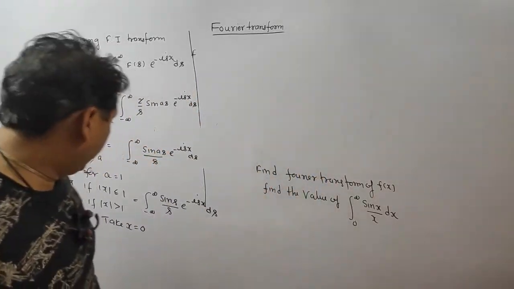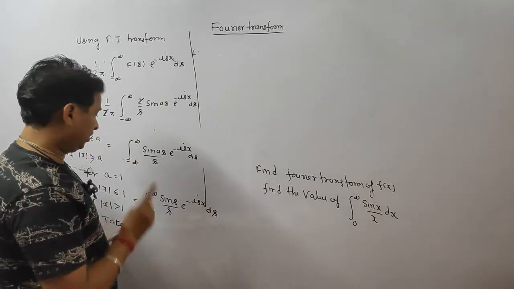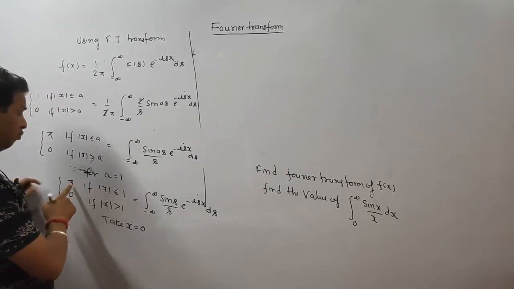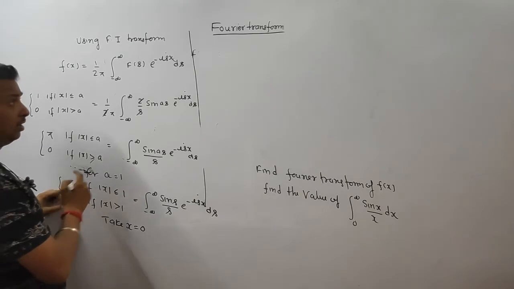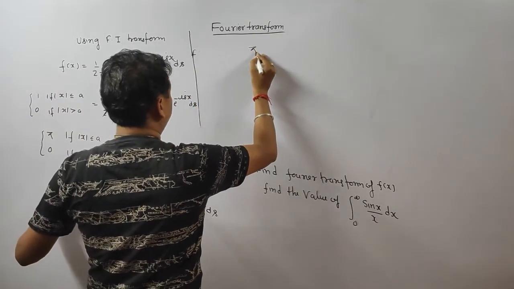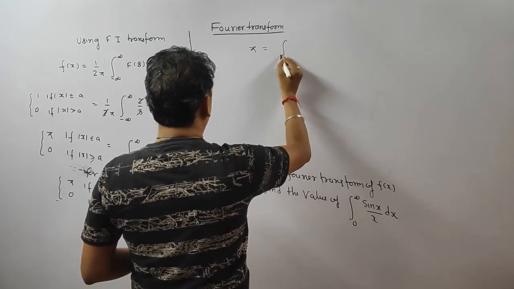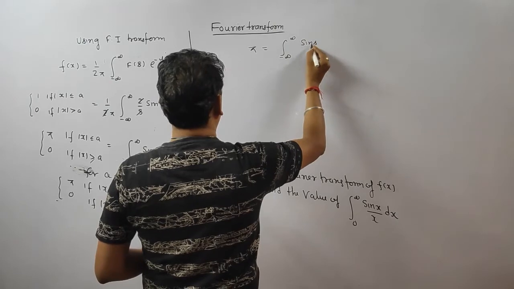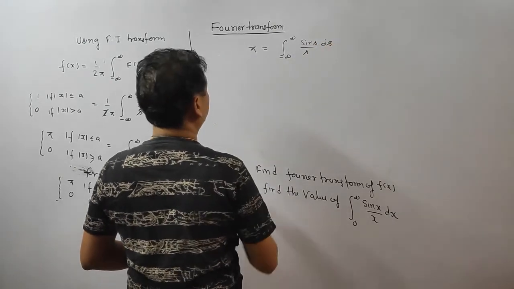If we choose x value 0, then definitely this exponential term becomes 1. And x equal to 0 lies within the range, so the value is pi, equal to the integral from minus infinity to infinity of sin s by s ds.